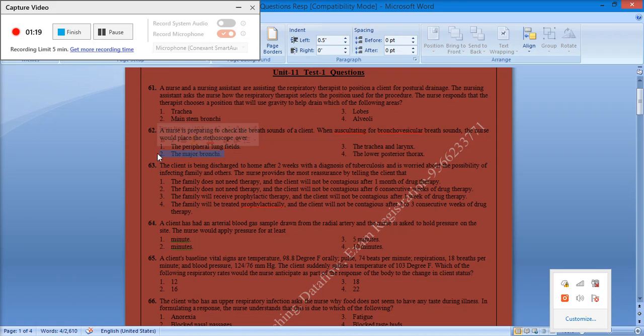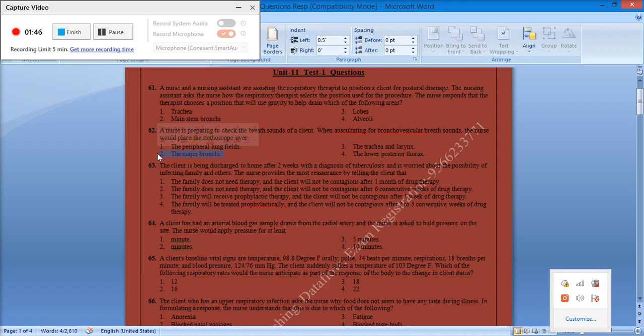63. The client is being discharged to home after 2 weeks with a diagnosis of tuberculosis and is worried about the possibility of infecting family and others. The nurse provides the most assurance by telling the client that 1. The family does not need therapy and the client will not be contagious after 1 month of drug therapy. 2. The family does not need therapy and the client will not be contagious after 6 consecutive weeks of drug therapy. 3.